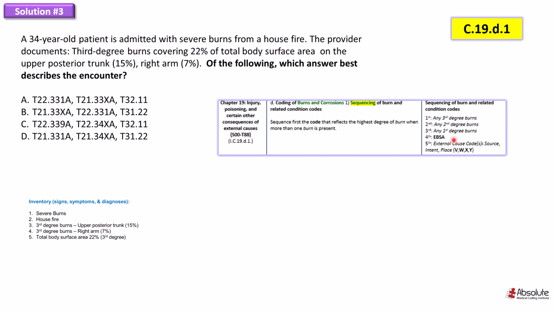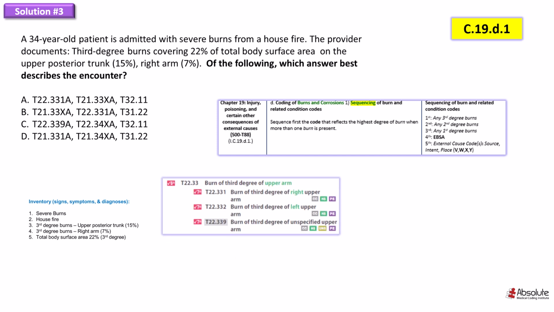If that makes sense. It might make better sense when you see it written. And finally, the external cause codes, or these are the what, how, and when it happened. All right, so let's go ahead and look up our codes.